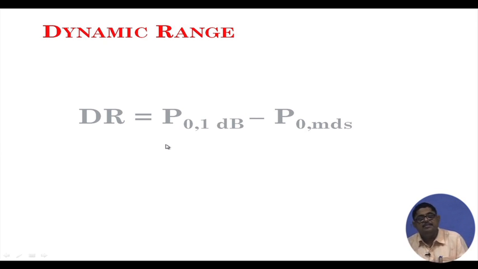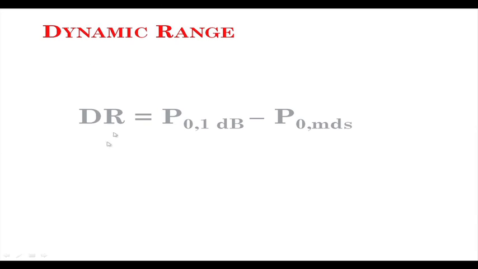What is the physical significance of dynamic range? That means within this zone, if my output power level goes, depending on what gain I have, I can have the corresponding input power level also, the input dynamic range. Within that level, if I keep my amplifier, it will be linear. So, whatever we discussed before about designing a small signal based amplifier, that design concept you can apply.